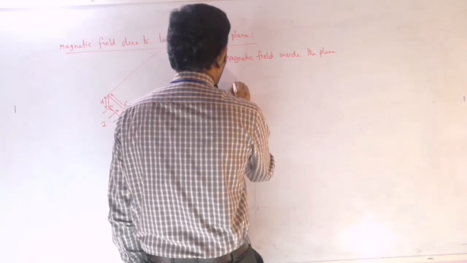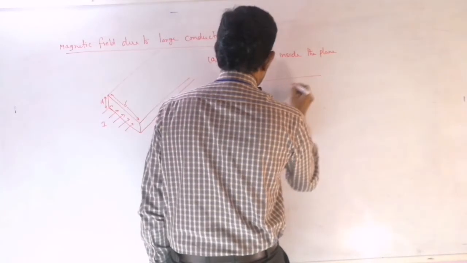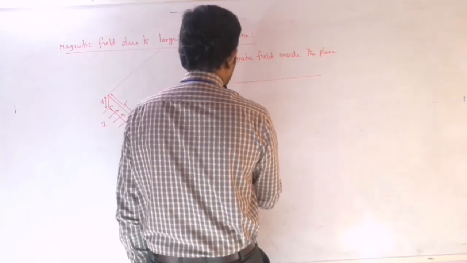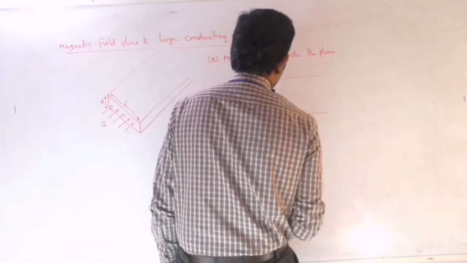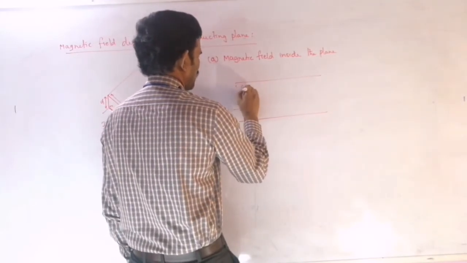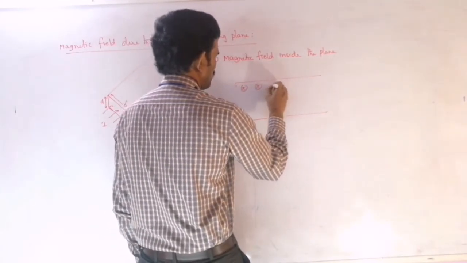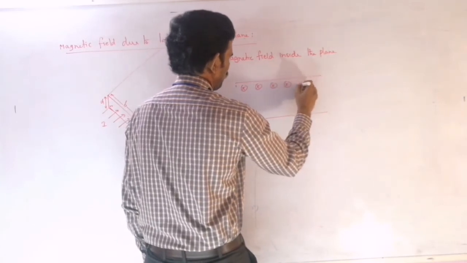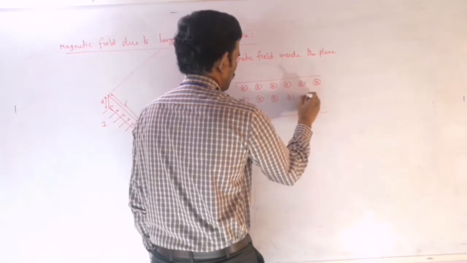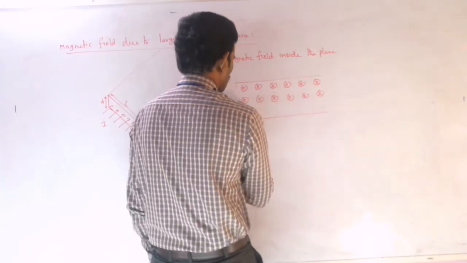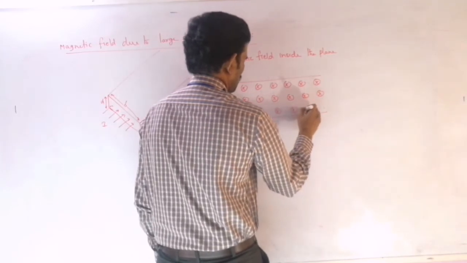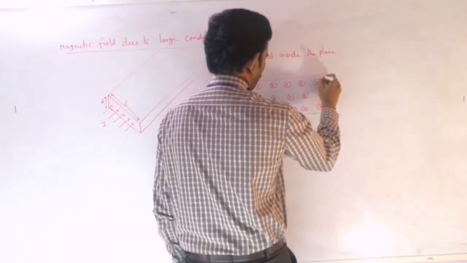Inside the plane means now I am taking the cross section view of this plane. Suppose you consider this plane like this. Here the current is flowing into the plane. So this is the plane we are representing, the cross section view I am drawing here.